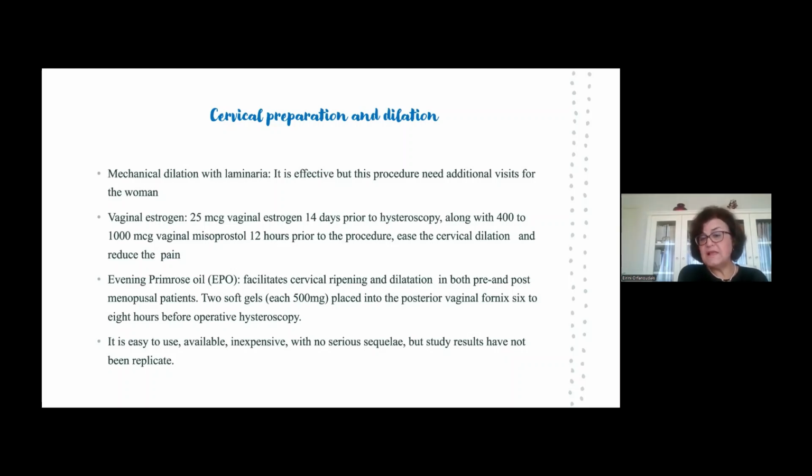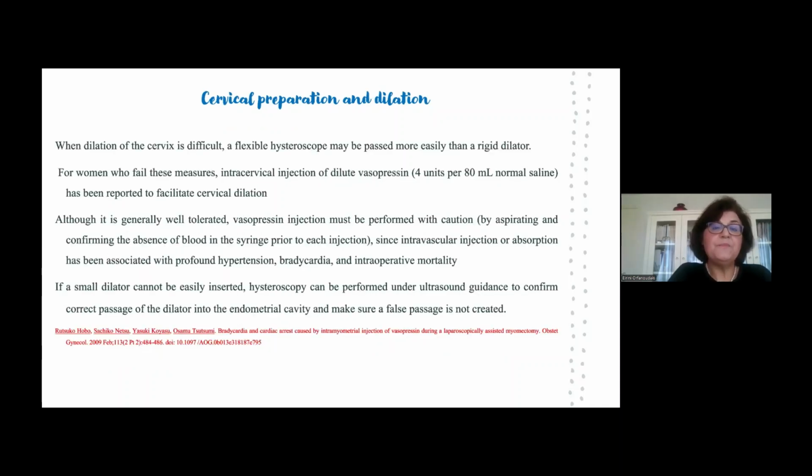Two soft gels, each 500 milligrams, placed into the posterior vaginal fornix 6 to 8 hours before operative hysteroscopy. It is easy to use, available, inexpensive, with no serious sequelae, but study results have not been replicated.